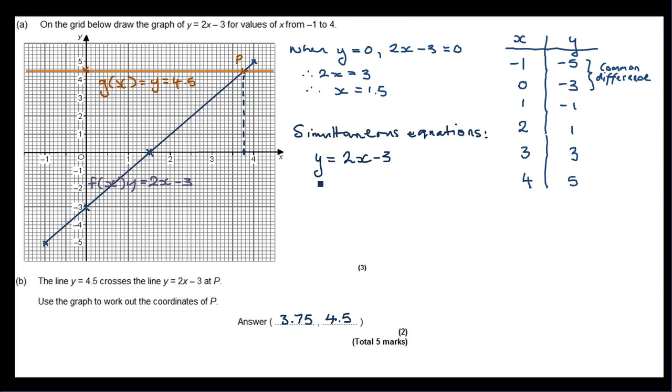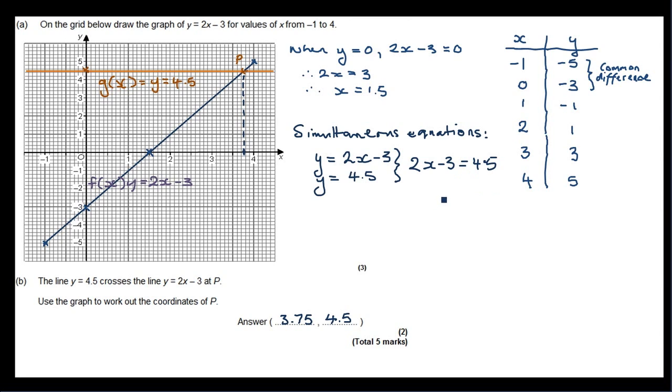We've now got y equals 4.5. All we've got to do is substitute y equals 4.5 into here, or we could put them equal to one another. Let's do it that way. Either way, we'll get 2x minus 3 equals 4.5.